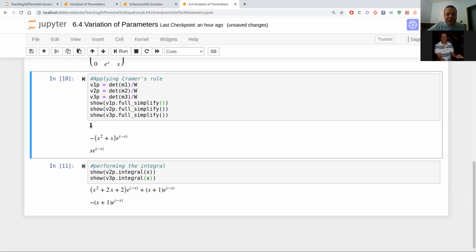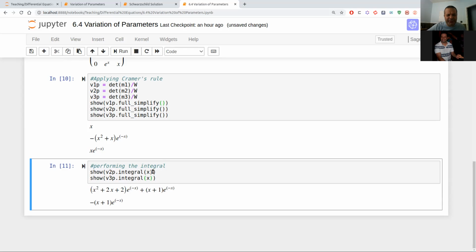V1 is x squared over 2. V2 is this, which, let me simplify that, because I can tell that's being simplified. Okay, so x squared plus 3x plus 3 times e to the negative x. Okay, so we've got these things.